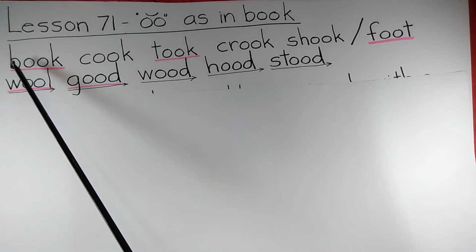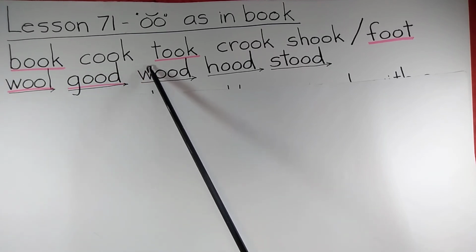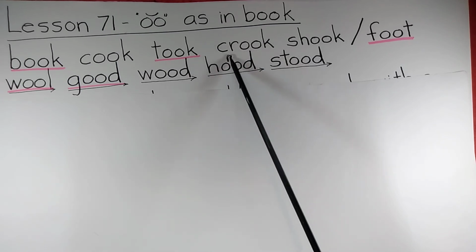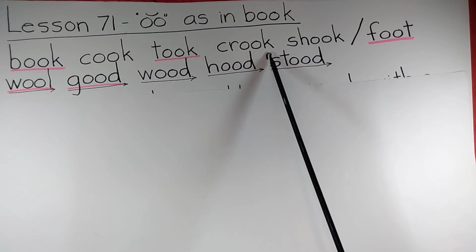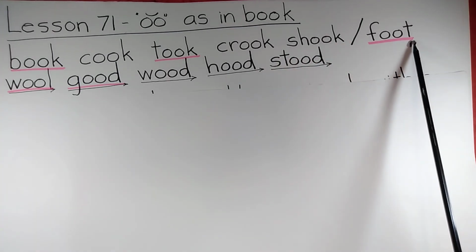So, we've got book, cook, took, crook. A crook is not such a nice fella. He steals things. He's a criminal. Shook, foot.